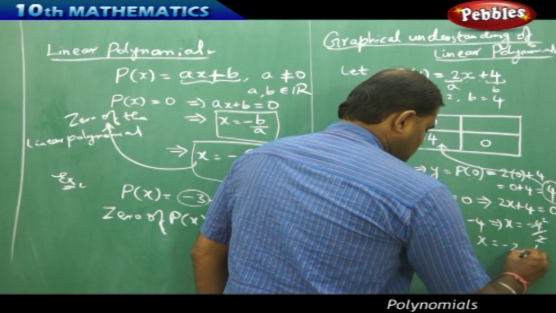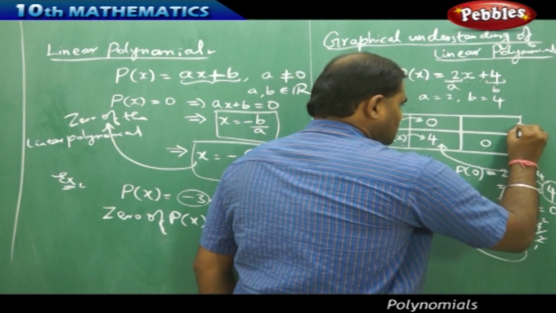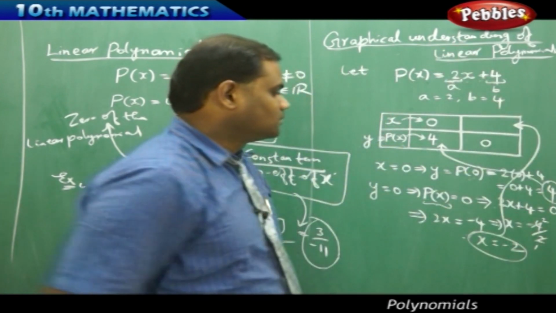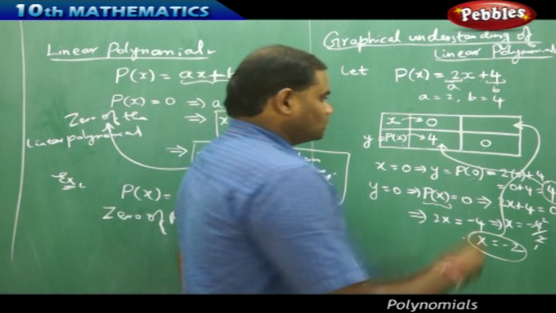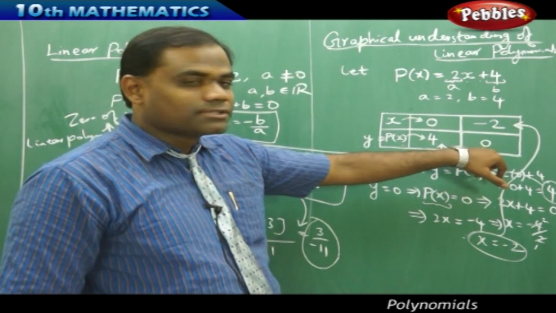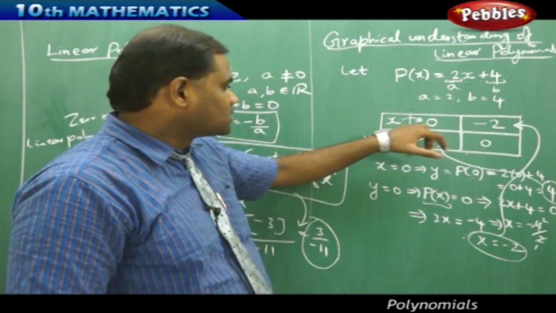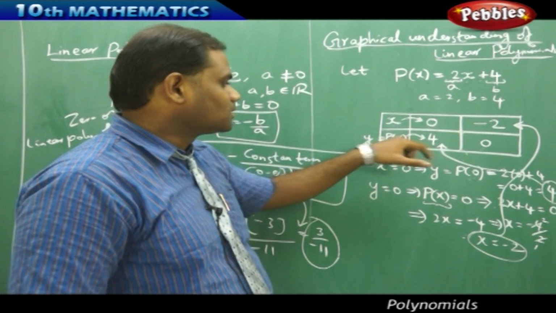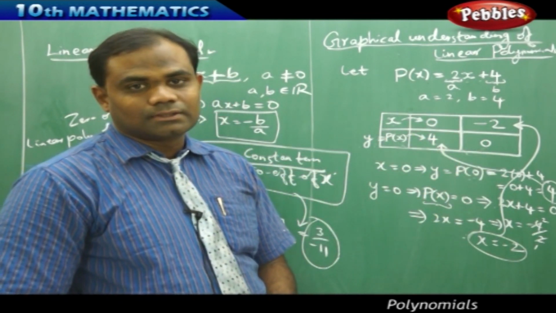Therefore, x equals minus 2 is the value which comes out here. So this column makes me understand that when the value of y is 0, my corresponding x is minus 2. And this column says that when the value of x is 0, then the corresponding y is 4, is how I get the coordinates.